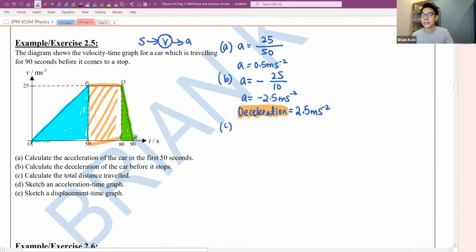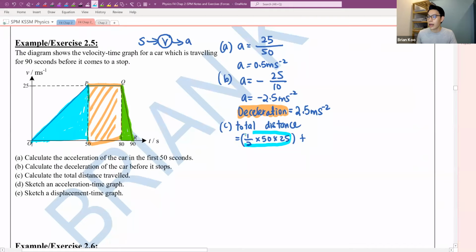So the total distance is equals to, part by part, 1 over 2 times the base times the height. This one is the blue color triangle at the first part.